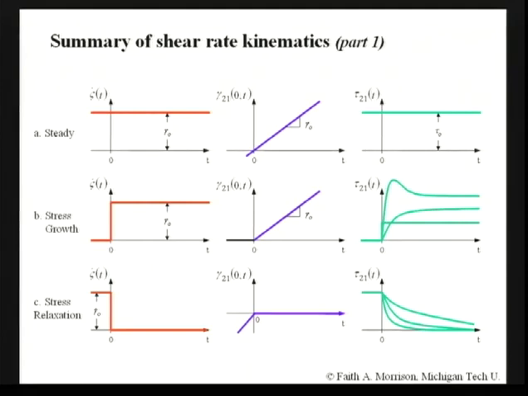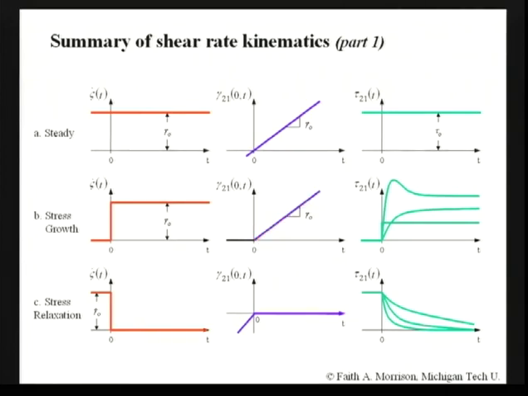It can do all kinds of crazy things. These are two typical polymeric responses: rising slowly and reaching a steady state, or overshooting once and then reaching a steady state. The strain between time 0 and t is the same calculation I just did. There's no strain below time t equals 0, but between 0 and any time t, the strain is given by the strain rate times the time, and that gives this linear function.